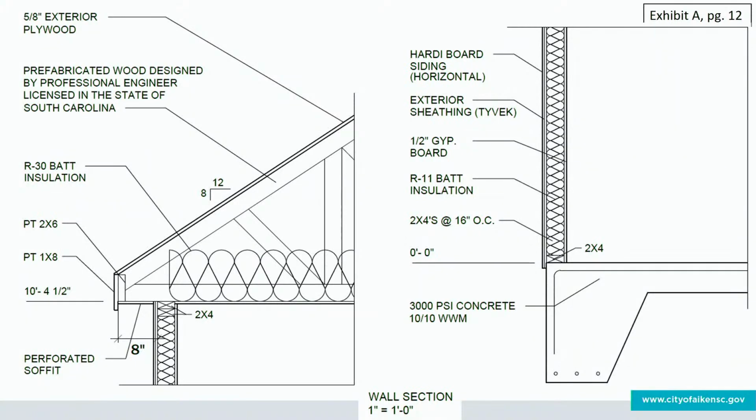Also, I noticed on your application that the cornice detail was a little different, and that was on page 7, I think. That's page 12 of the exhibit, if you've got it up, the next one. Exhibit A, page 12. Thank you, Rebecca. It looks like you're planning on doing a 1-by-8 fascia board without any frieze board.